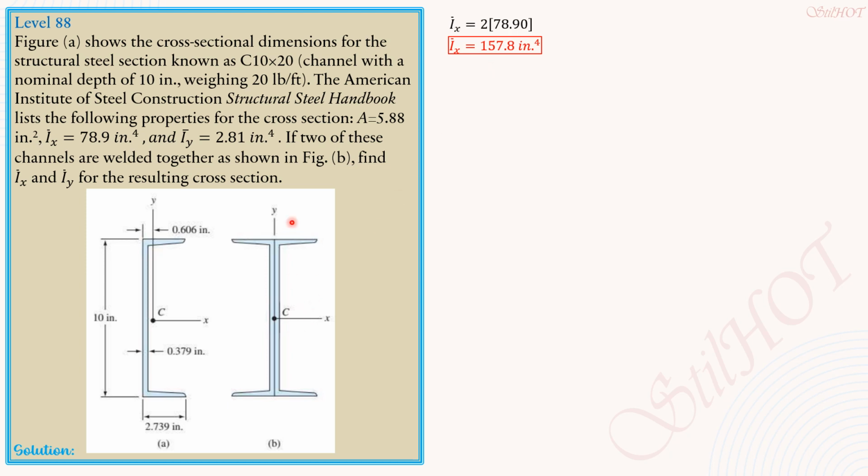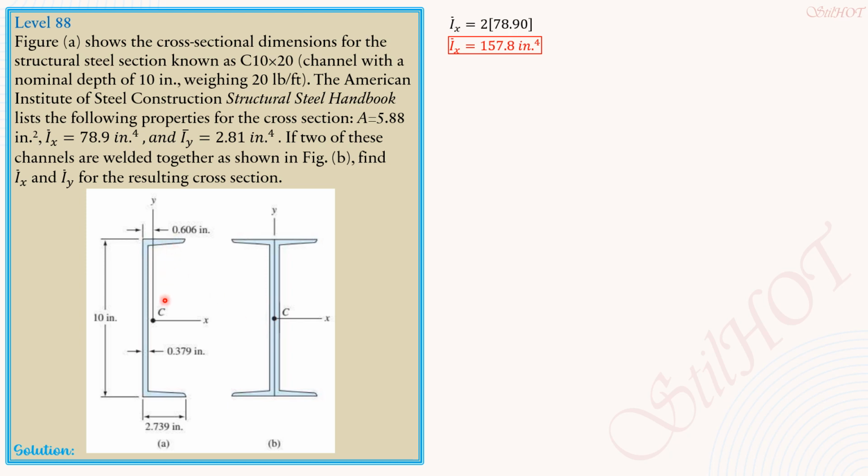Meanwhile, the I bar Y of the two sections is not, this y-axis is not through the centroid of the channel. Therefore, we have to transfer the moment of inertia of the channel to this centroid here by transfer formula or by parallel axis theorem.